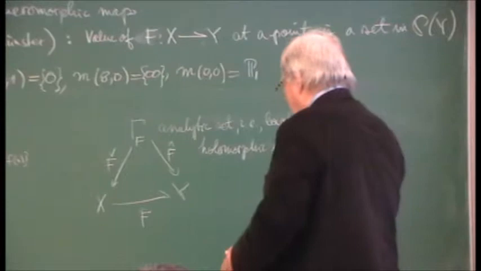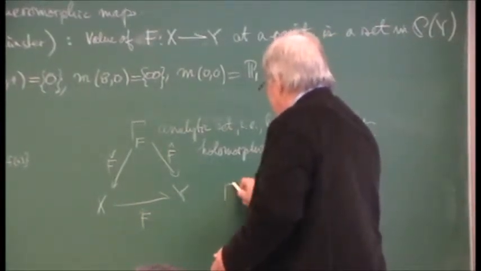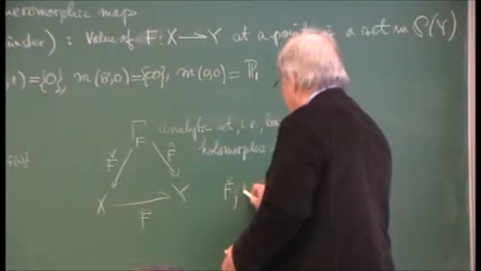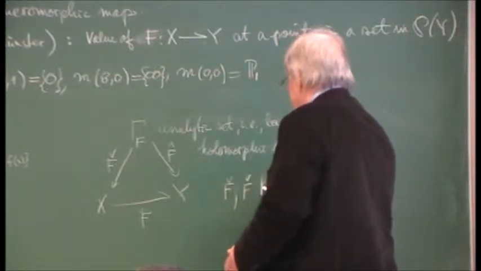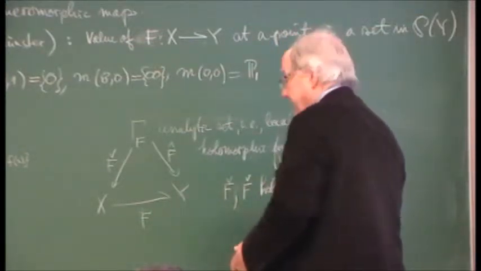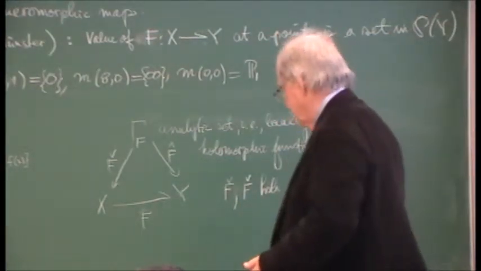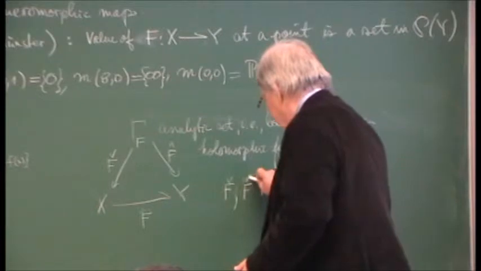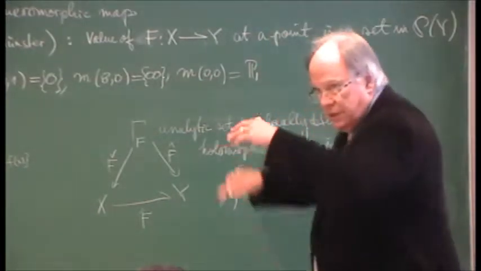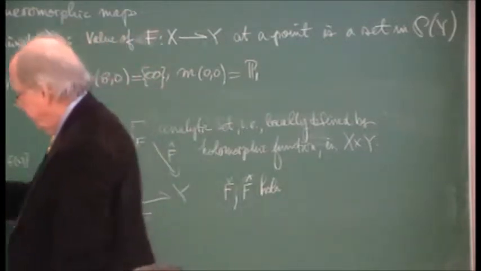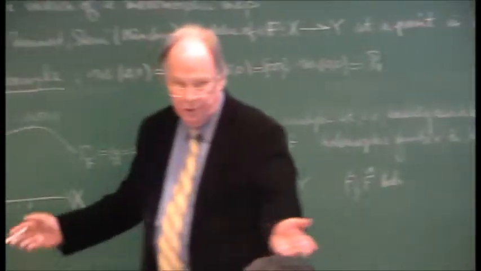The key property is that both of these projections are holomorphic. The hat should be the other way around, right? Thanks. So if you look at the standard projections restricted to this thing, they should be holomorphic.